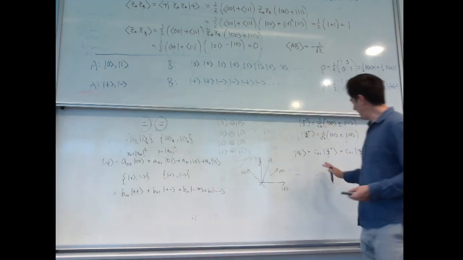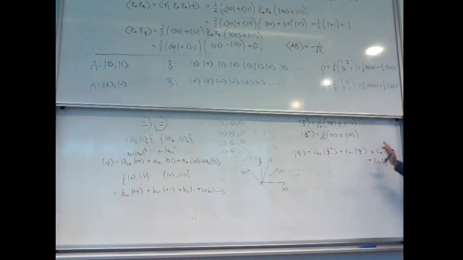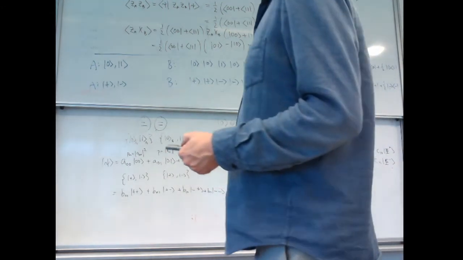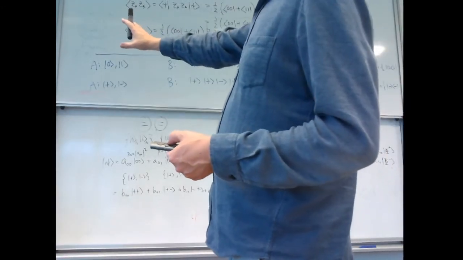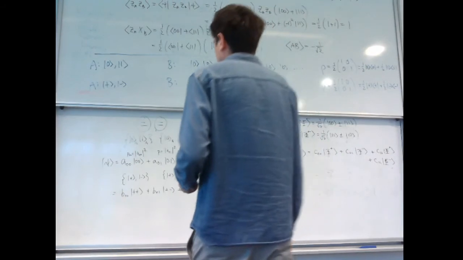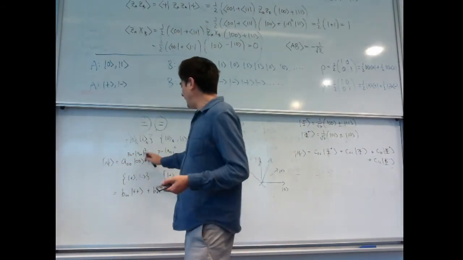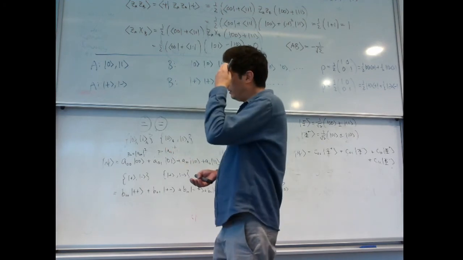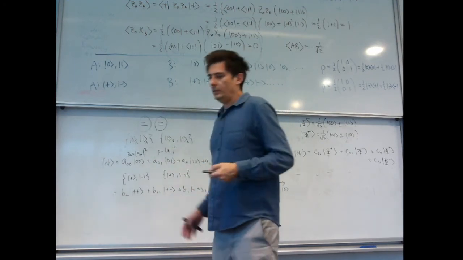Or I can even make a measurement in this entangled basis, and then I get probabilities of C0 squared and so forth. So that's basically all I'm saying there, that the rule is always just the same. So in the composite system, you can still just write down your probabilities in the usual way.